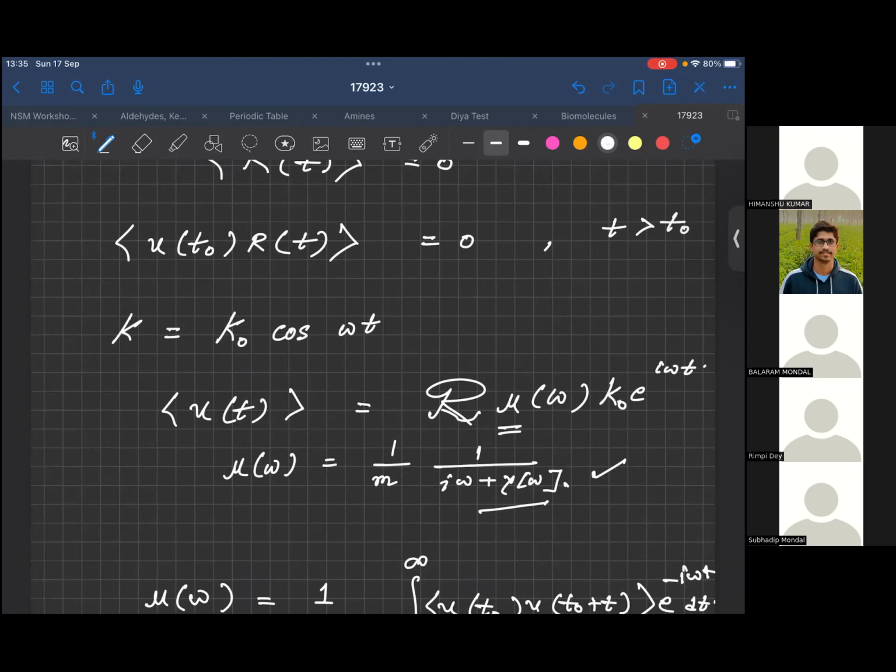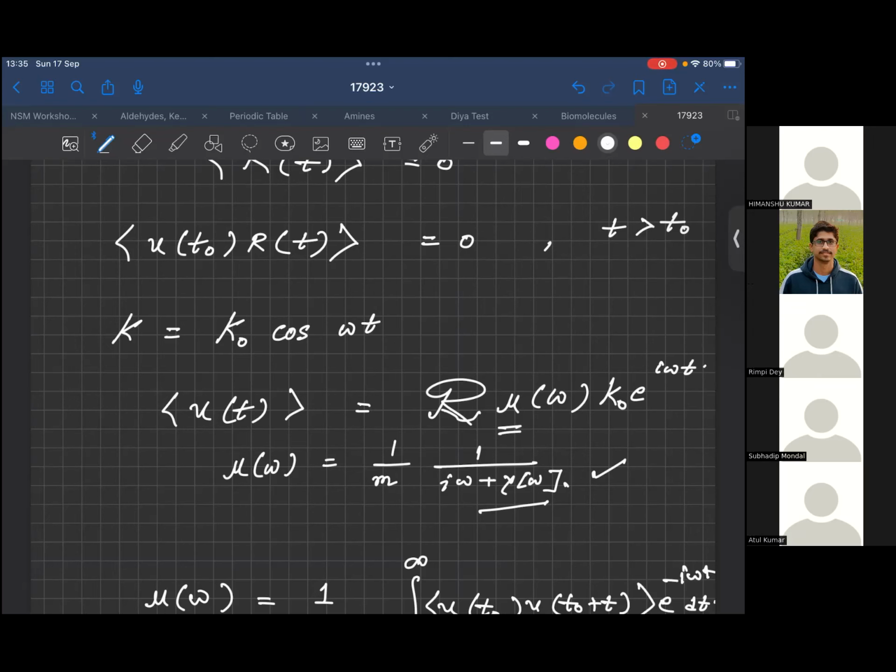These two are the only assumptions. And the Gaussian property assumption remains. The random force will be Gaussian, but not a delta function. It is not mentioned.